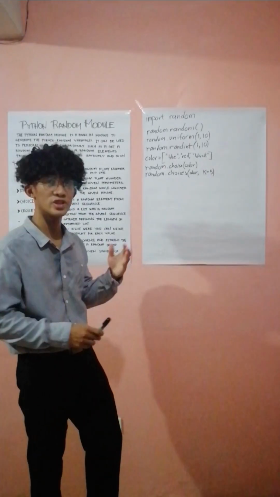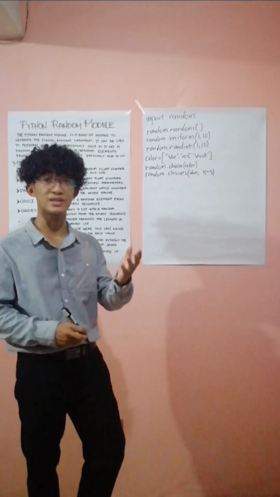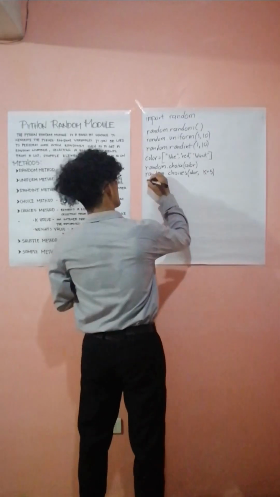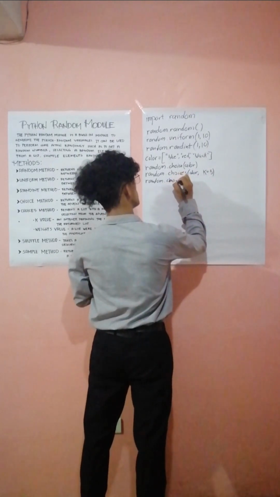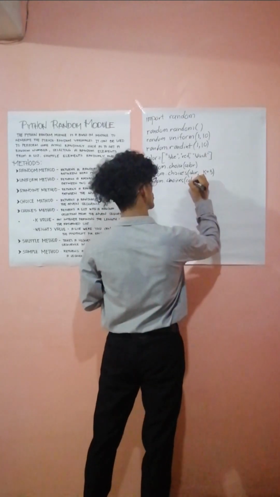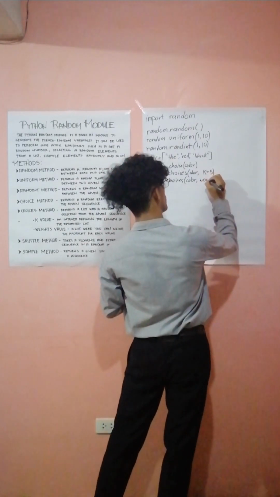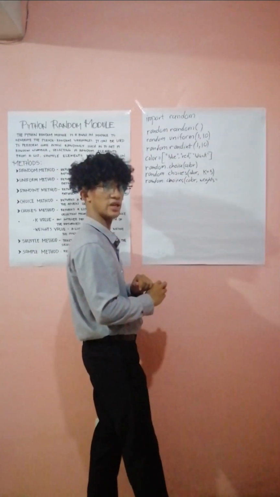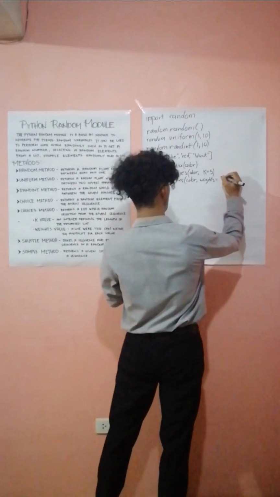So how do we declare the weight? Or how do we write and put a weight on our elements? So here it is. We write random dot choices, inside is the name of the list, which is color, comma, and weights equals to, and if we're declaring weights, it is also in bracket syntax.